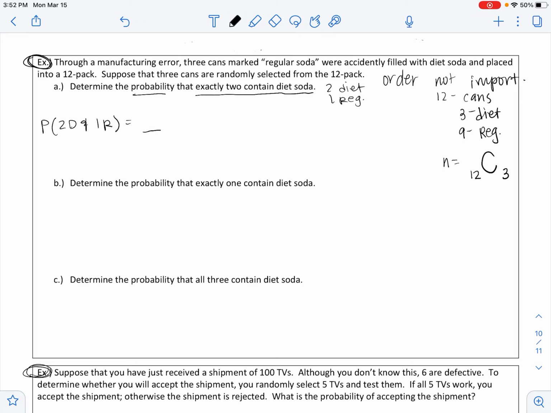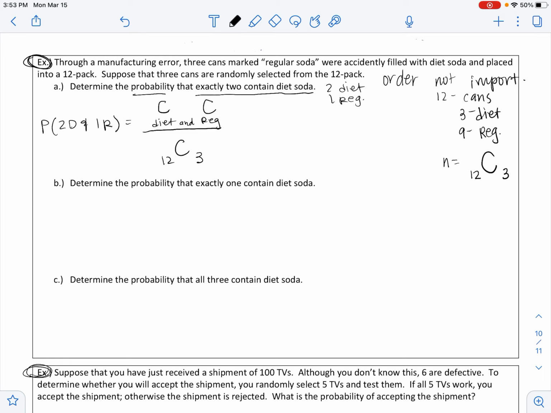Since I am doing a probability, I know that my sample size, which is N, is going to go at the bottom. And then I'm going to split this. I'm going to call the first one diet and the second one regular. Since order is not important, those are also going to have C's for combinations.